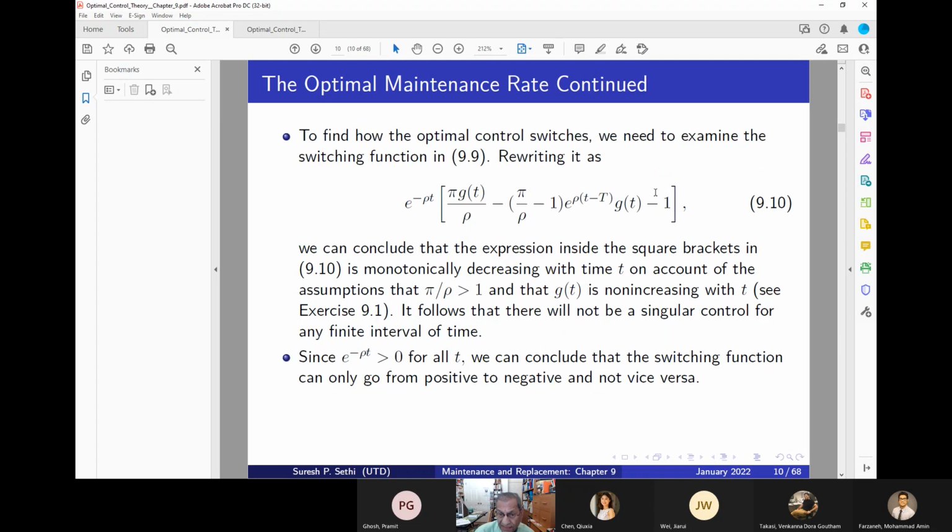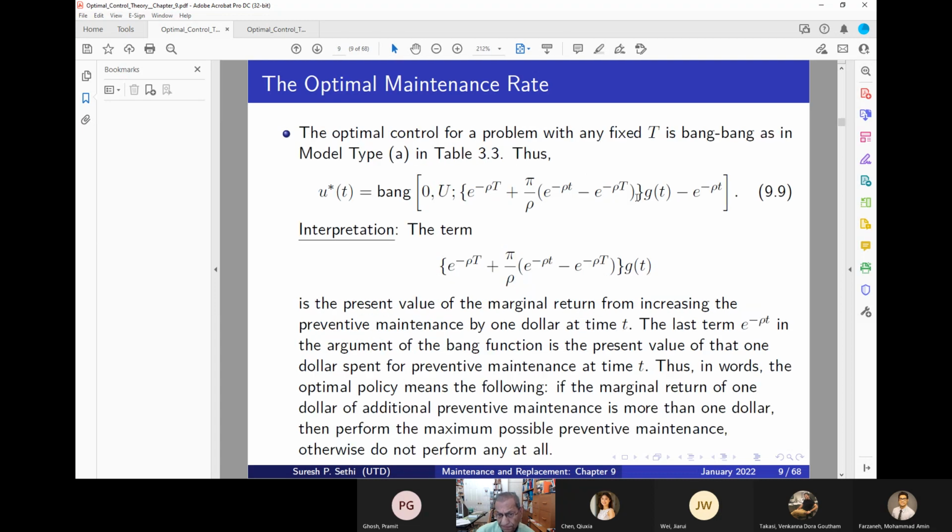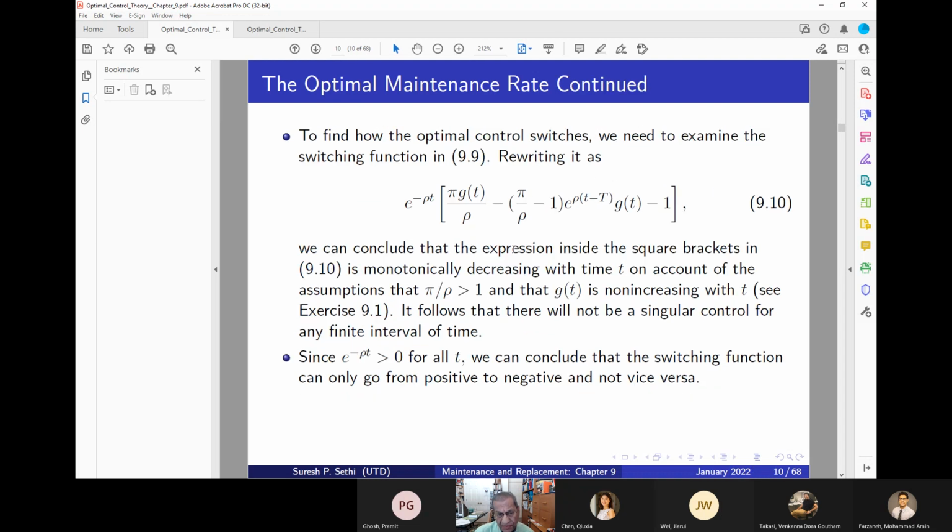The next thing we have to do is find out what the control is, characterize the control. We know that this is the switching function, and we want to analyze the switching function. To analyze it, there is one term missing here.